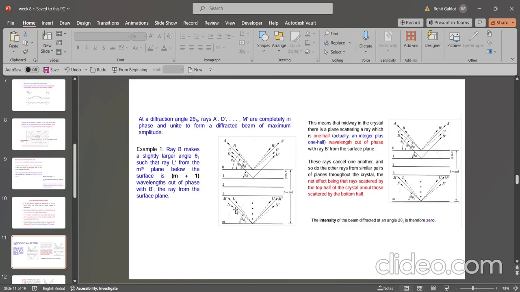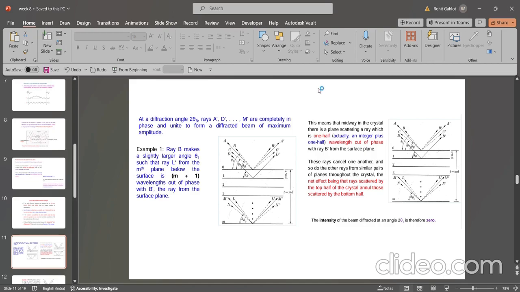From the mth plane below the surface, it is m plus 1 wavelengths out of phase with B dash, the ray from the surface plane. This means that midway in the crystal there is a plane scattering a ray which is an integer plus one half wavelength out of phase with ray B dash from the surface plane.